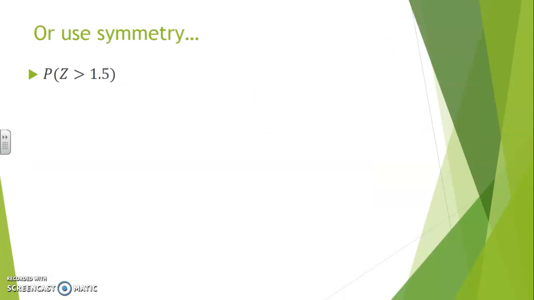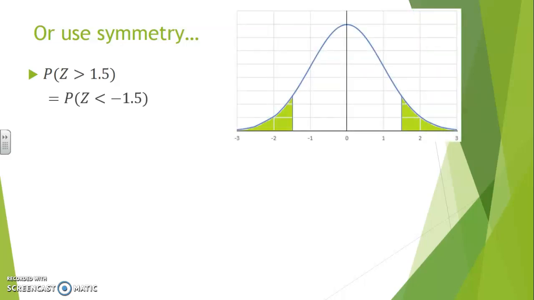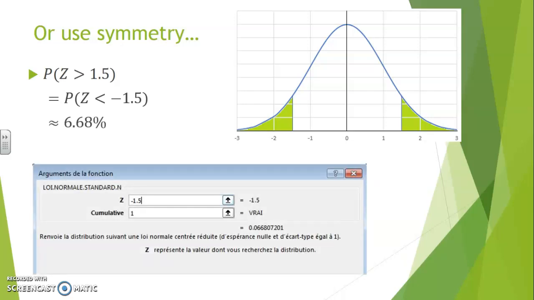We could also use symmetry. Because of how the standard normal law appears, any area to the right of 1.5 is equal to the area left of minus 1.5. Then, Excel can be used to calculate the value for this delimiting value.